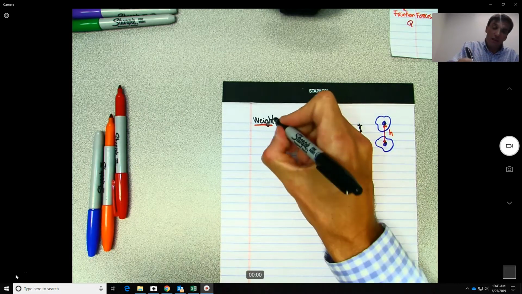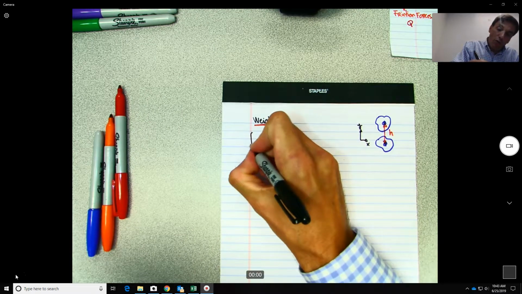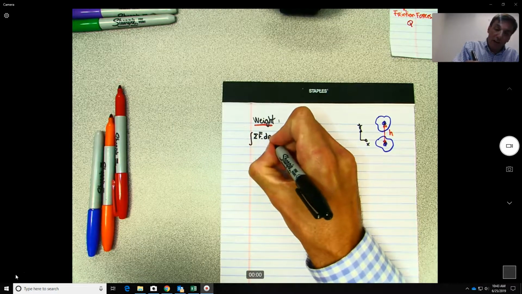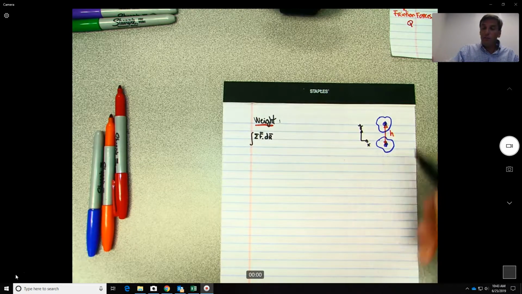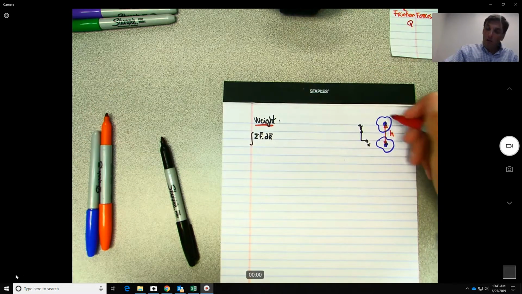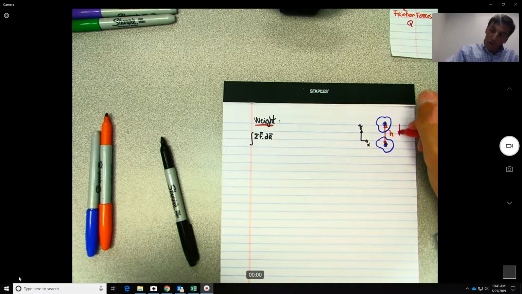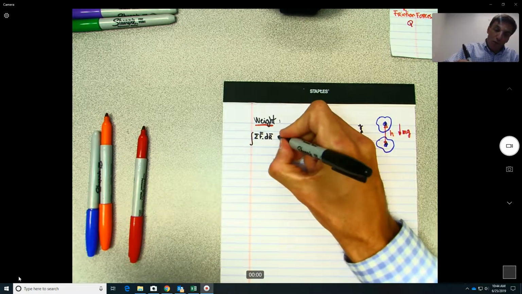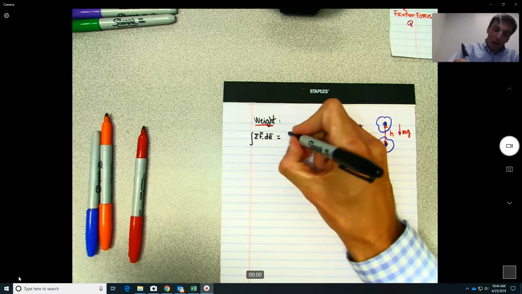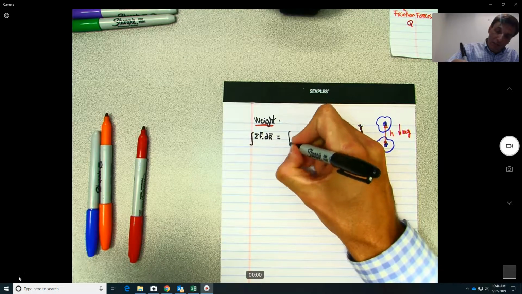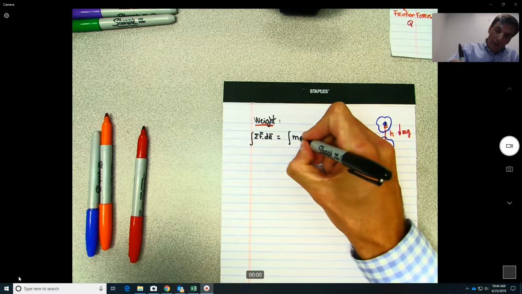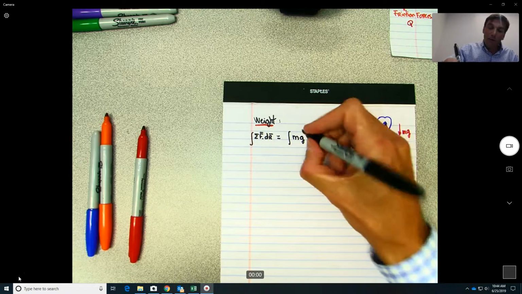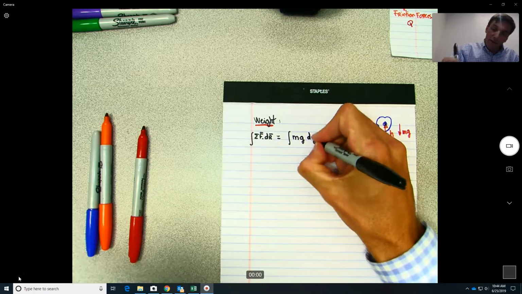So if we look at what is the work done by the weight, which is the expression summation of forces dr, in our case, what is the value of the weight force? We know is equal to mg. So this will be equal to mg, and dr here is just the direction of the movement, so in our case will be dy.